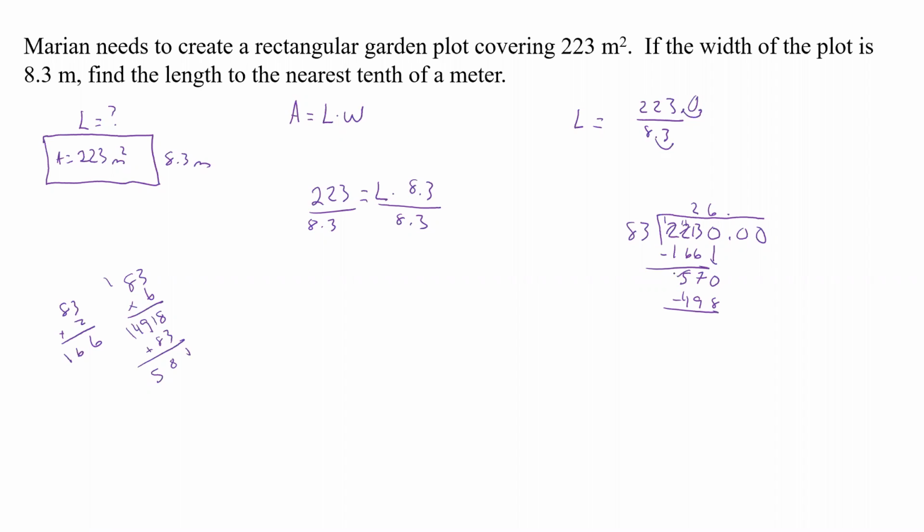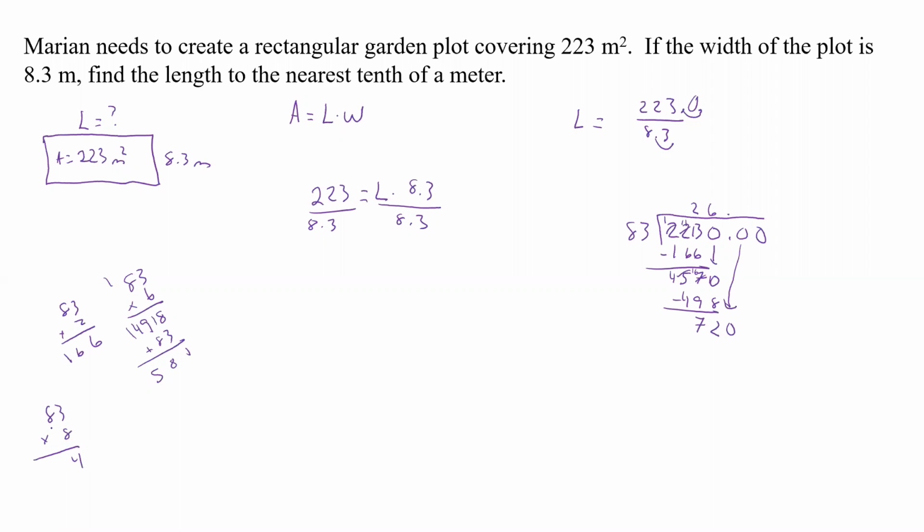All right, so we carry around, that's going to be 16. So 10 minus 8 is 2. 16 minus 9, that's going to be 7. Now we have to bring down our 0. All right. So what do we have? 83 times, let's see, 8 maybe?